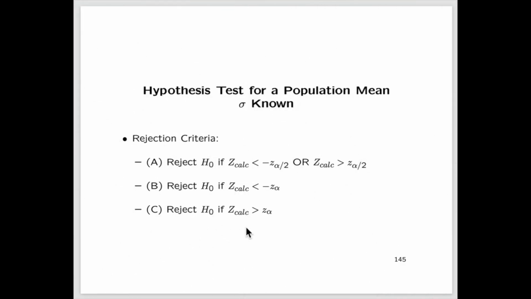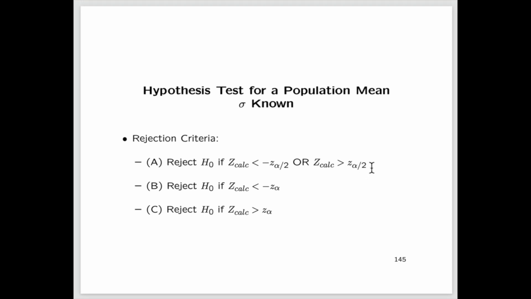All right, so the rejection criteria depend on the type of test, obviously. If we have a two-tailed test, then we're going to reject the null hypothesis if z-calc is either less than negative z sub alpha over 2, or greater than positive z sub alpha over 2.